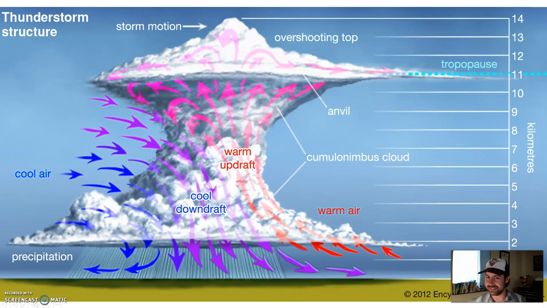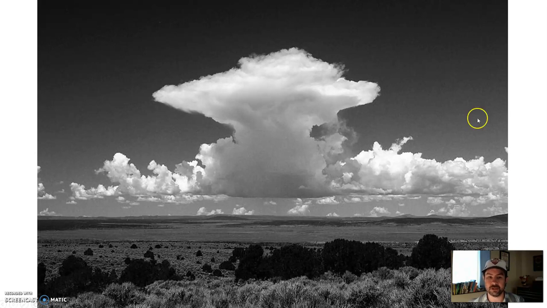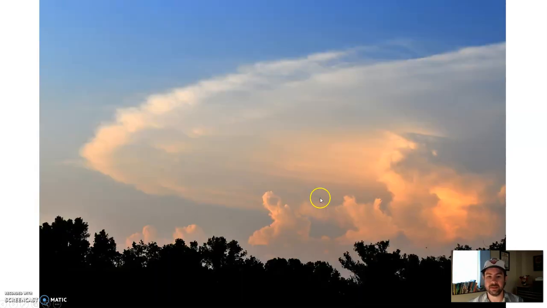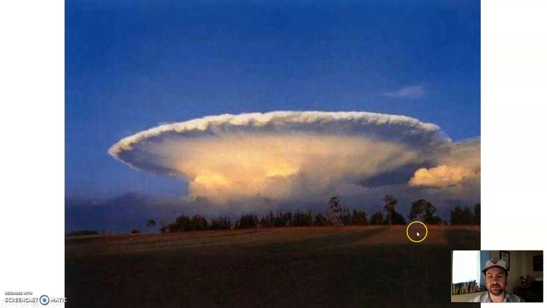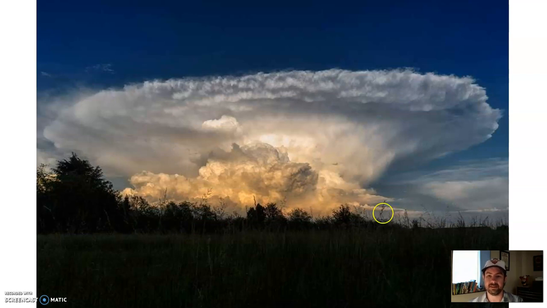When you see these on the horizon, out in the sky, these are indications that a thunderstorm is developing. Here's a bit bigger anvil shape coming up. It looks very ominous, very Independence Day ominous. And you can see it rises up and spreads itself out.